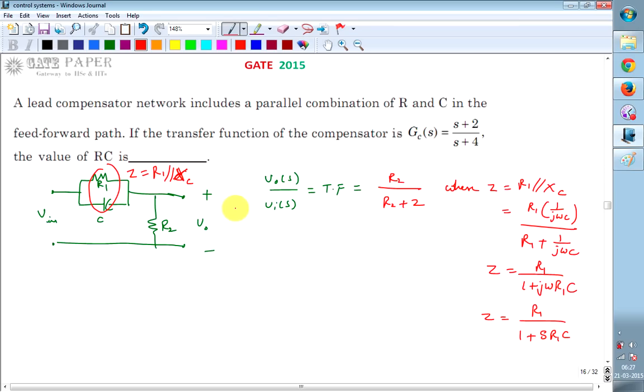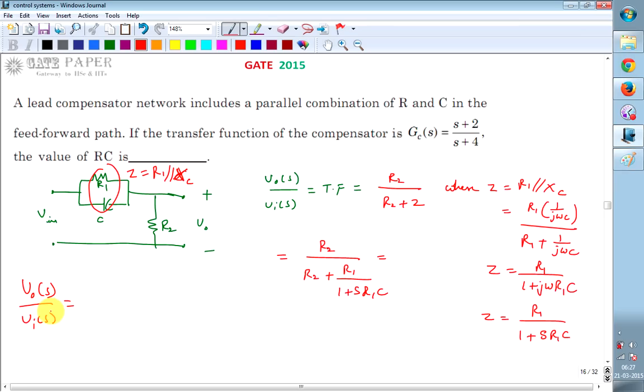Now write the transfer function: R2 divided by R2 plus R1 divided by 1 plus S R1C. If you simplify this, finally you will get V0(s) divided by Vi(s). Directly you can use this equation.